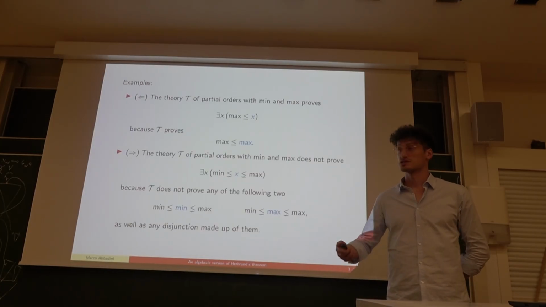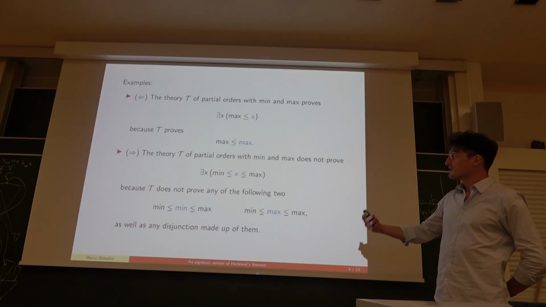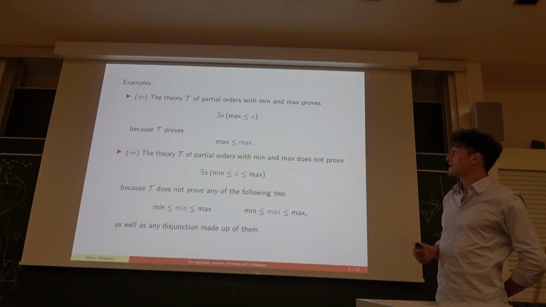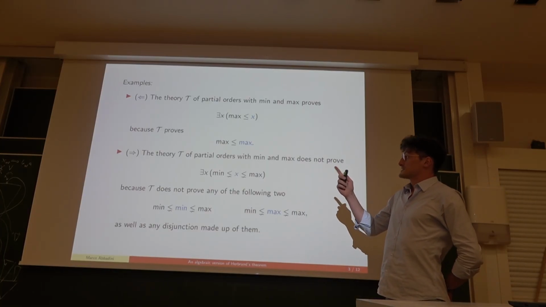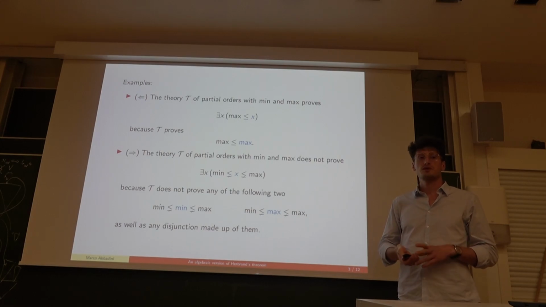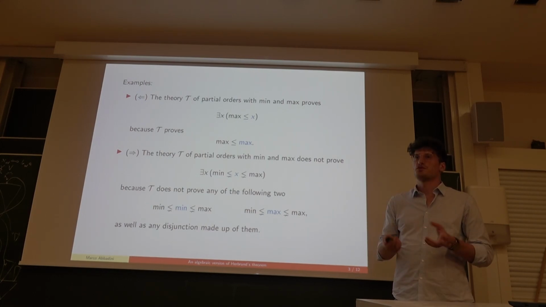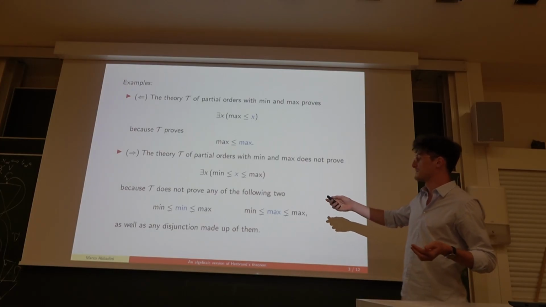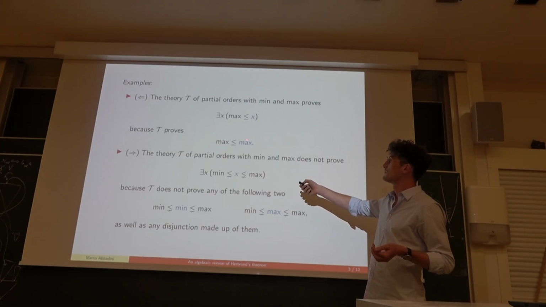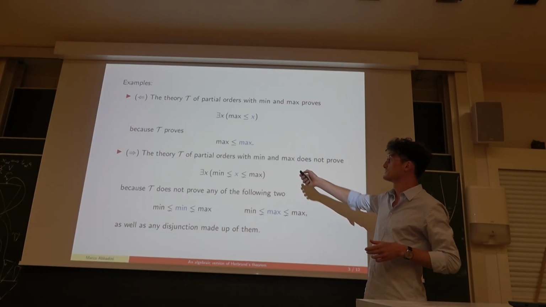Okay, just as an example, in the theory of partial orders with min and max, the sentence exists x max is less or equal than x is provable by T because T proves that max is less or equal than max. So we have replaced this ground term into x.